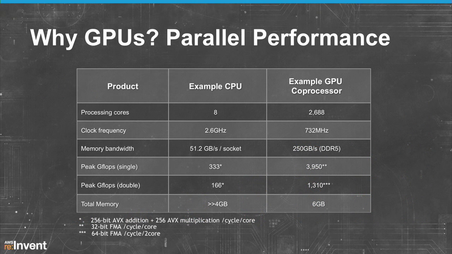In a word, performance, and specifically parallel performance. GPUs are designed for parallel processing by offering massive amounts of computational units. And applications that benefit from the use of GPUs include those that demand thousands, tens of thousands, hundreds of thousands, or millions of execution threads.